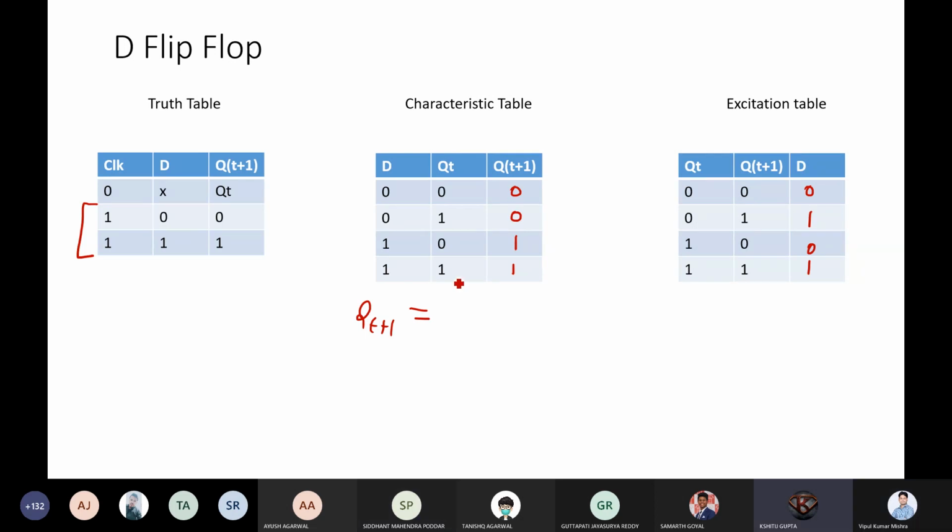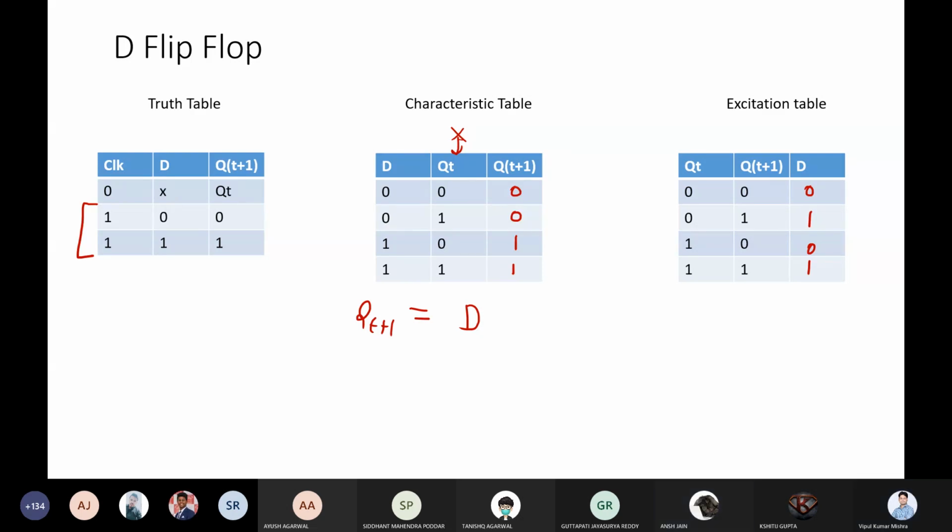Sir, only D. Yes, only D. Whatever the D value, that is the Qt plus 1 value. You do not need to think, just D straightforward. The impact of Qt is gone. There is no impact of Qt here. Whatever the D value, that will be the Qt plus 1 value. Any doubt, guys?